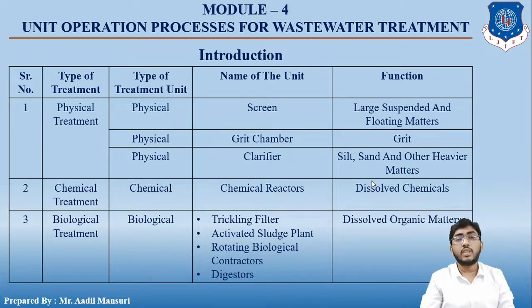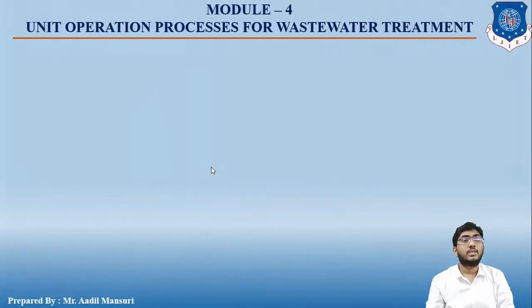The biological treatment fully utilizes microorganisms for treatment of the wastewater, and depending upon the microorganisms used, the biological treatment is basically classified into two types. The first one is the aerobic treatment, which uses aerobic microorganisms, and the second one is the anaerobic treatment. So let us now move towards the next topic.